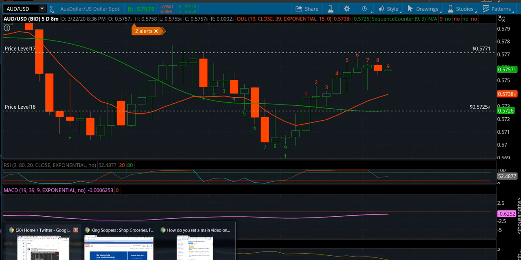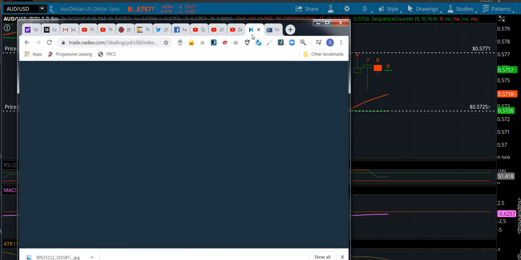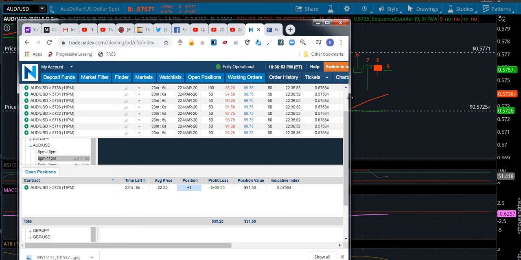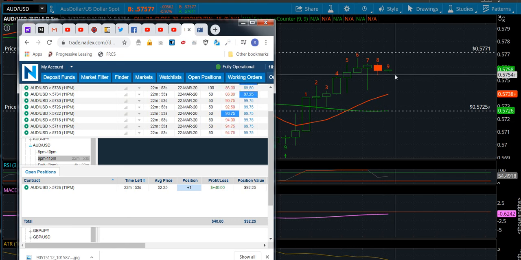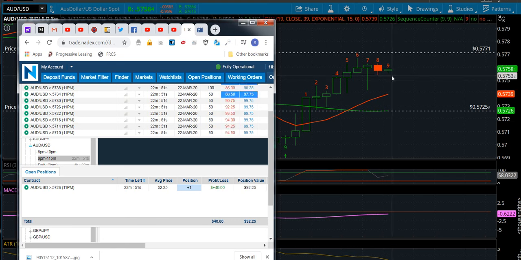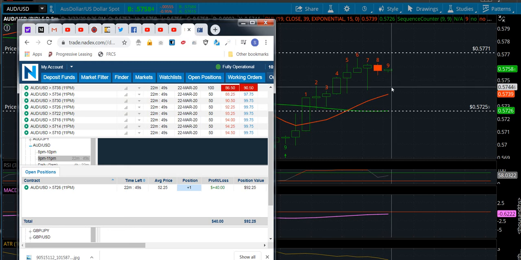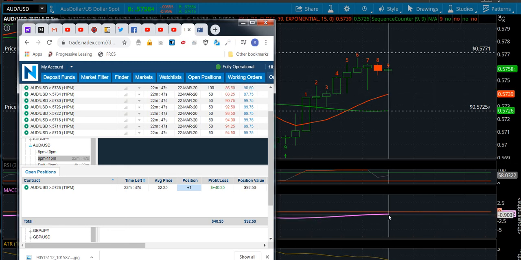Now, I will have a decision to make, and you will too when you start trading. If you get a confirmation, you'll have a decision to see if this is going to get above the 0 line.